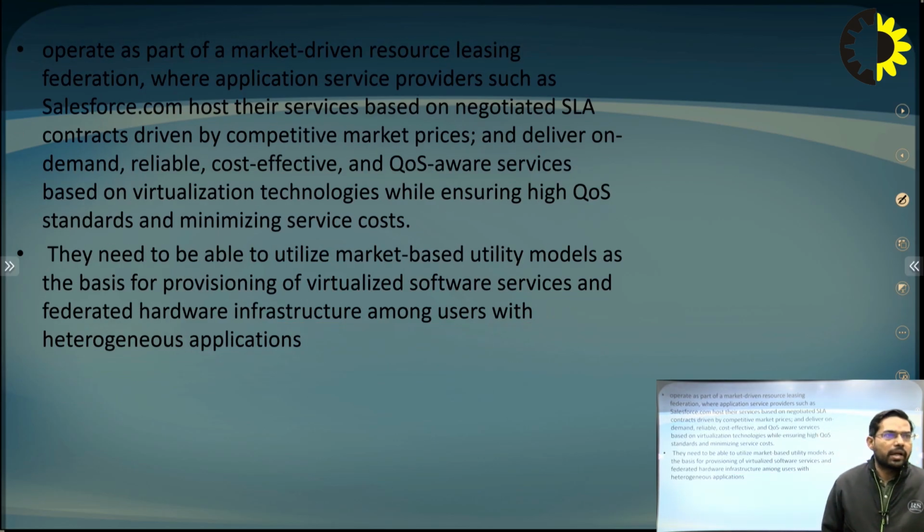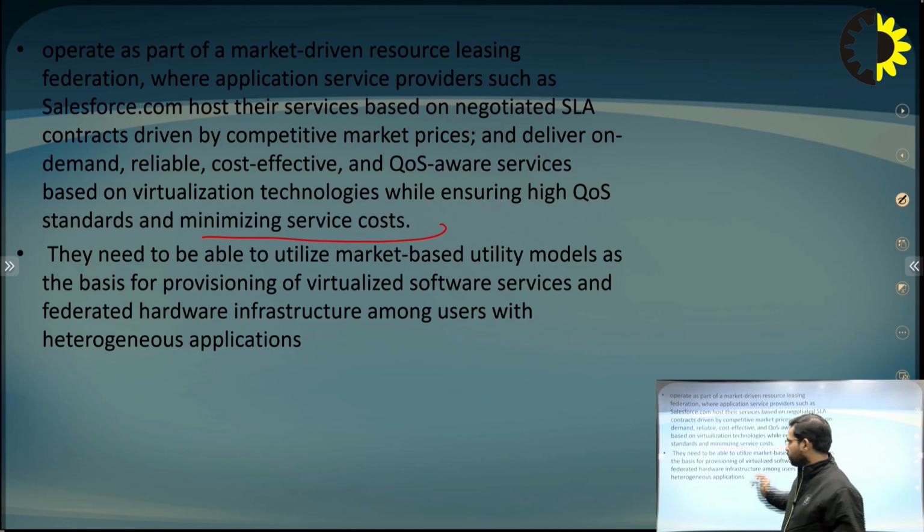They operate as part of a market-driven resource leasing federation, which we use for leasing purposes. Application service providers such as Salesforce.com host their services based on negotiated SLA contracts driven by competitive market prices, and deliver on-demand, reliable, cost-effective, quality services based on virtualization technology, while ensuring high quality of service standards and minimizing the service cost to the user.